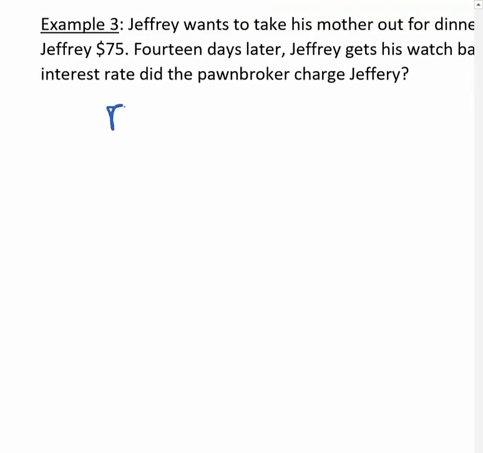Okay, so what we're looking for is R. We don't know the interest rate. I imagine since there's only one formula in this section, it's probably going to be this formula, right? Just got to fill in what we know, and I'm assuming R is what will be left over. So I'm going to try to figure out what's I, what's P, and what's T. Okay, interest. Did they tell us that?